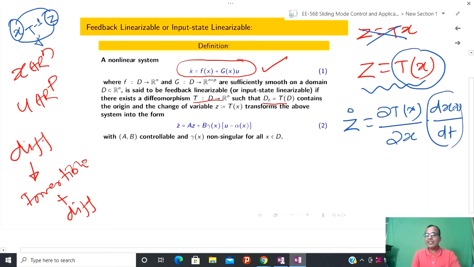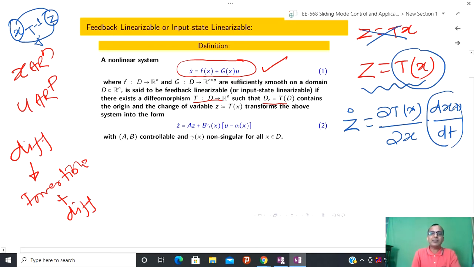So now you can see that in this kind of representation, whenever I am transforming some nonlinear system into some other system, I have first used a nonlinear transformation. So I have to make sure that it is differentiable, otherwise I cannot proceed, and it should be differentiable in the whole domain.